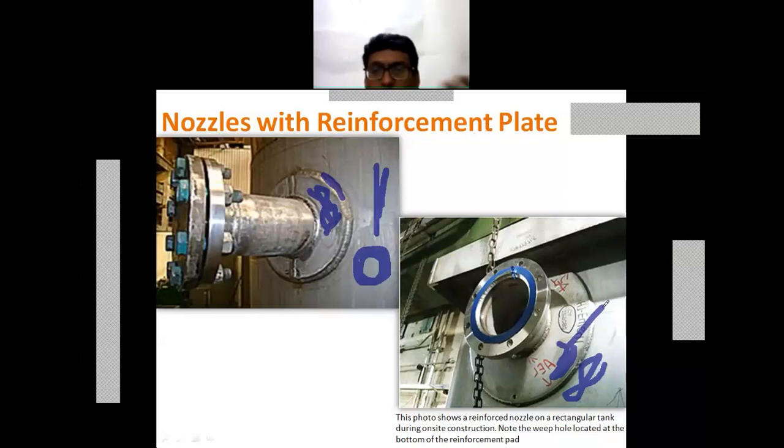That means whatever area of the metal sheet is removed, the same amount of area is to be provided. That is why we weld the additional metal sheet around this nozzle to increase the strength of the original metal or the vessel.